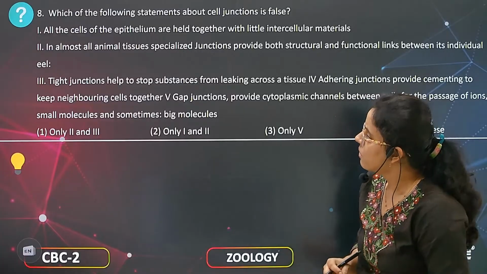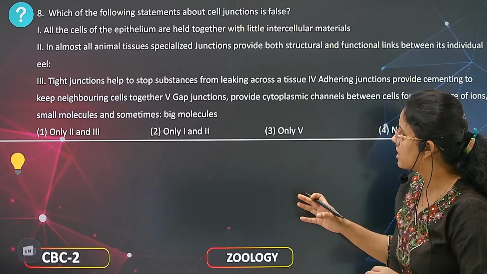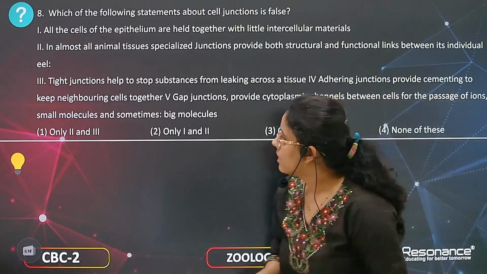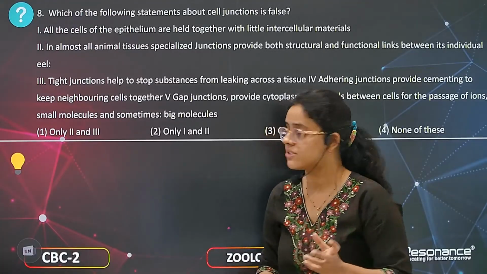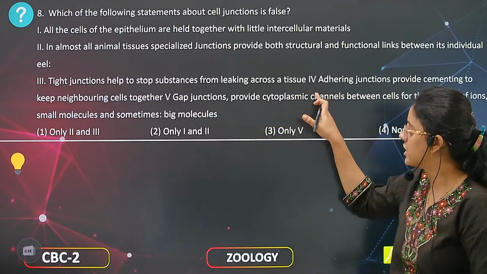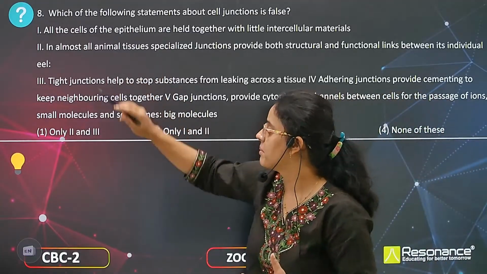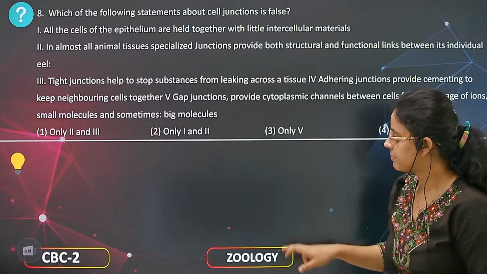Now, in almost all animal tissues, specialized junctions provide both structural and functional links between individuals. No, not in almost all animal tissue, only in epithelial tissue are the junctions present. Tight junctions help to stop substances from leaking across the tissue. Yes, it prevents leakage. So here statements 1 and 2 are wrong, whereas every other statement is correct.